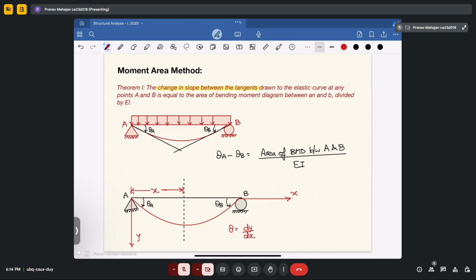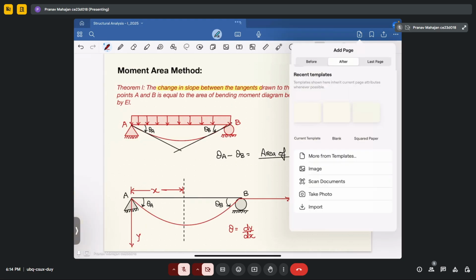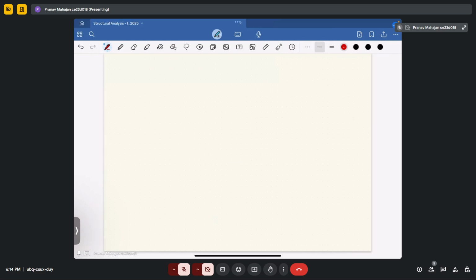Now you already know from the Euler-Bernoulli equation, d2y upon dx square is equal to minus M over EI.